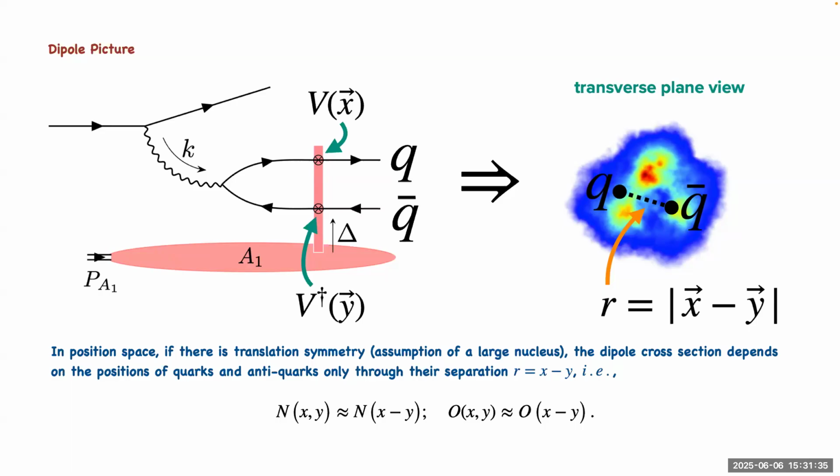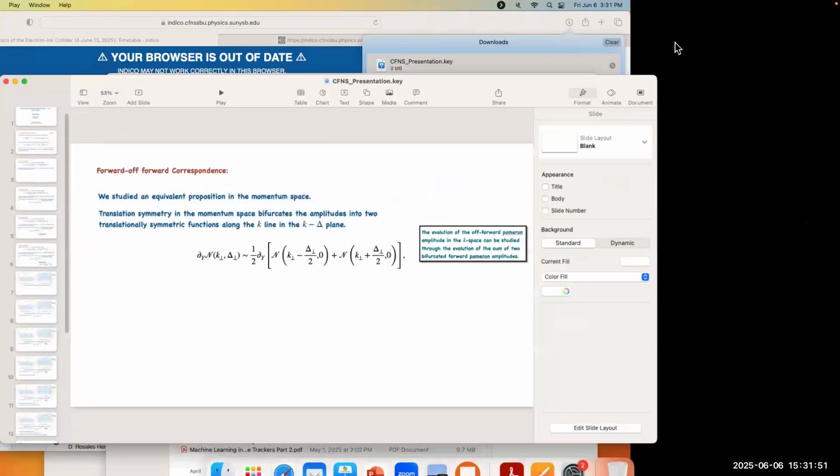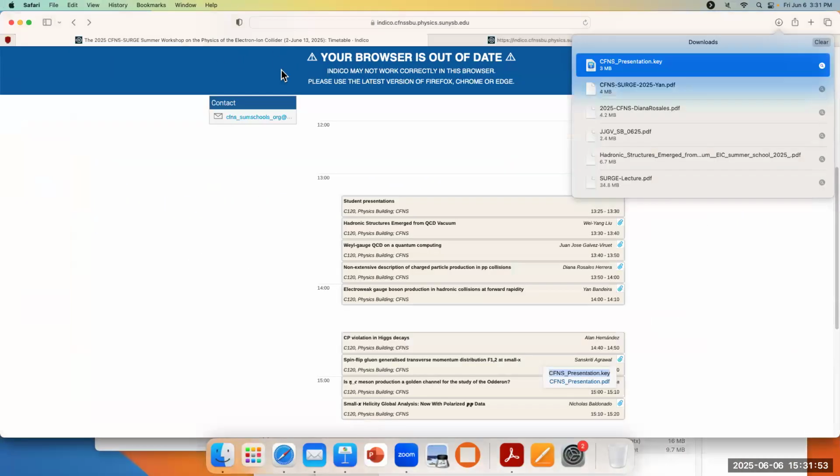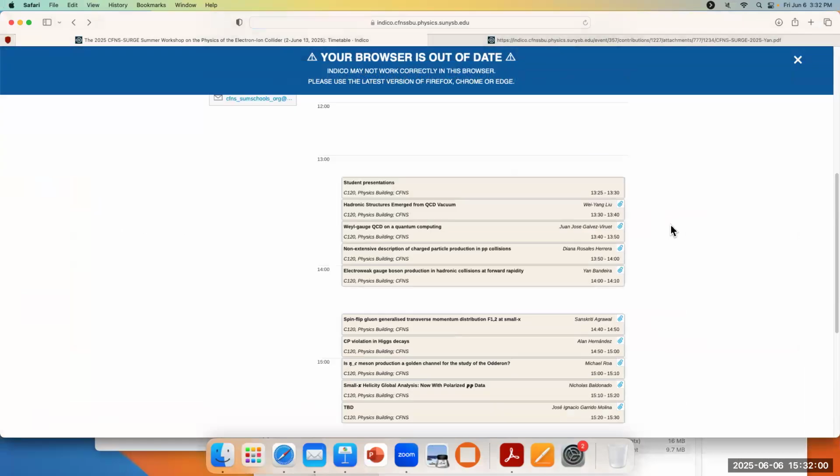Let's thank Sanskriti again. I was like, okay, the transverse size isn't supposed to change.